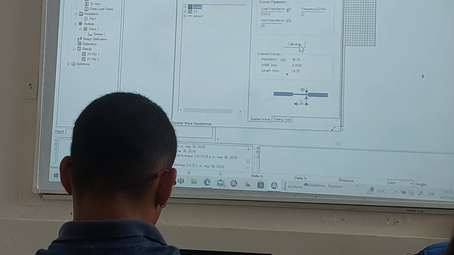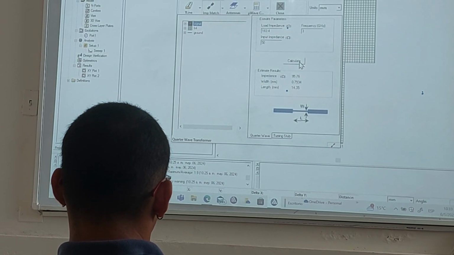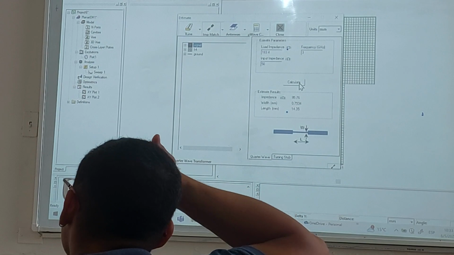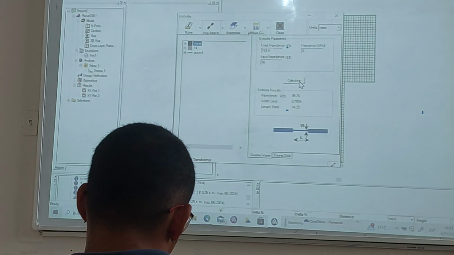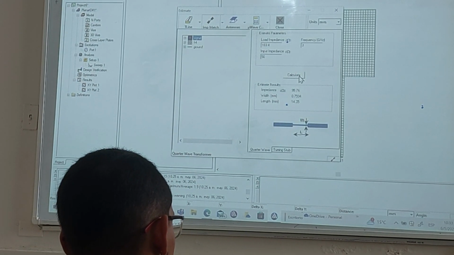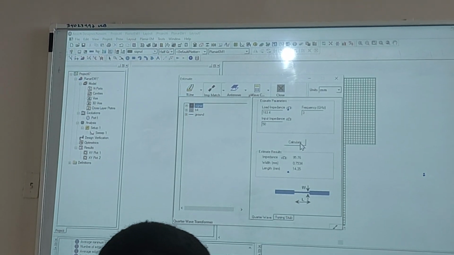and here the result gives us an input coupling impedance of 95.76 ohms. A width of the transmission line is 0.7934.